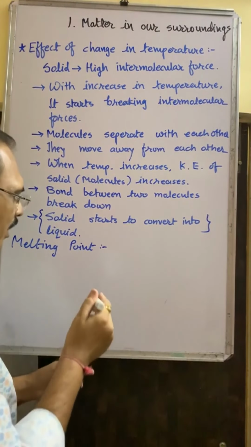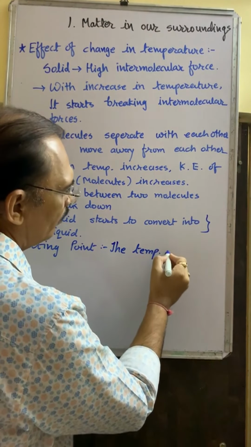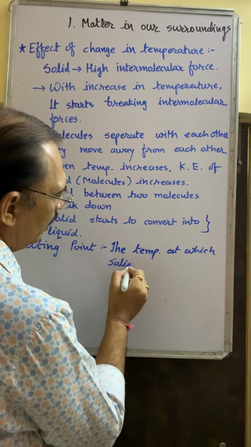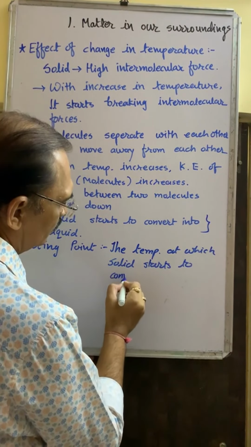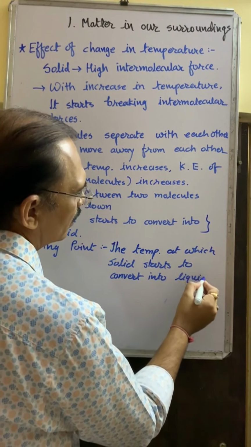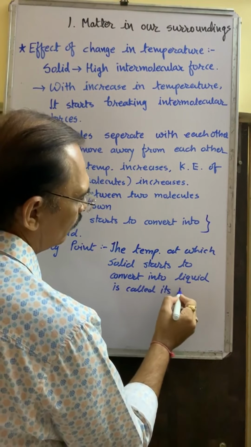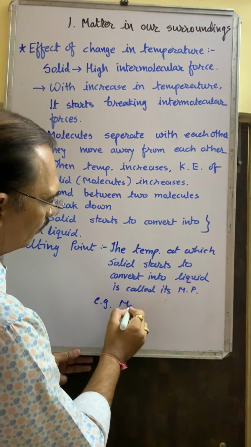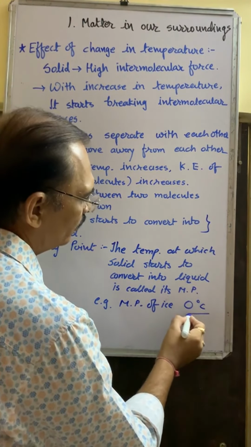The temperature at which solid starts to convert into liquid is called its melting point. As for example, melting point of ice 0 degree Celsius, very well known.